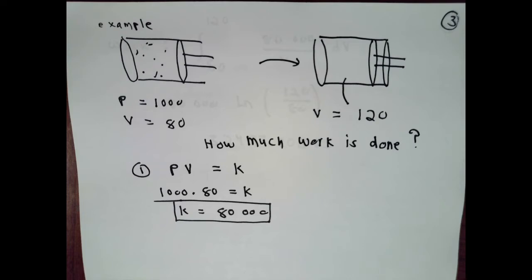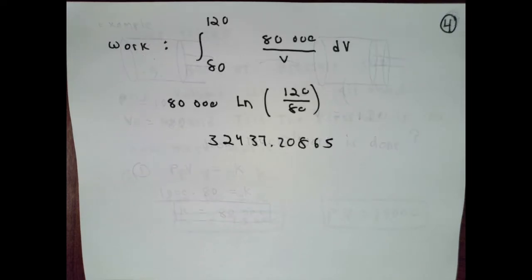Firstly, the fact that the pressure is 1,000 when the volume is 80 lets us figure out what constant K is from the law pressure times volume equals K. Consequently, the amount of work done is the integral from 80 to 120 of 80,000 over V with respect to V, which is then easily calculated.